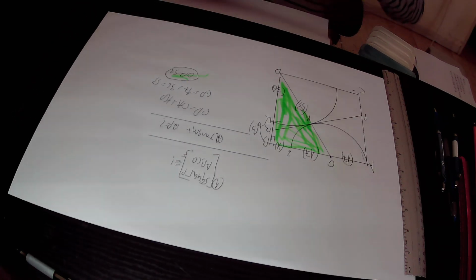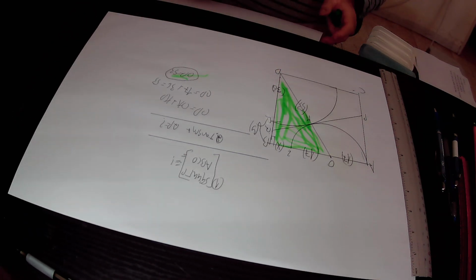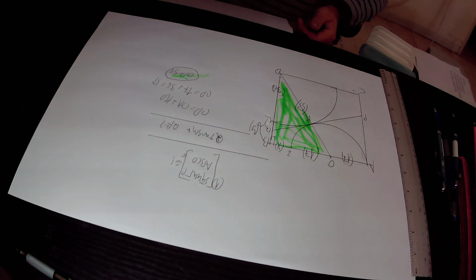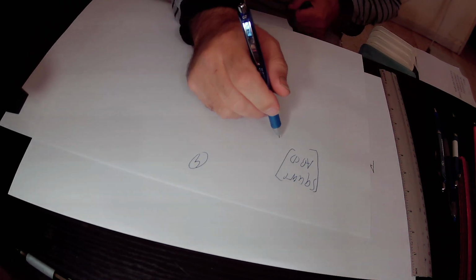The area of square ABCD equals AB squared, the length of one side squared.